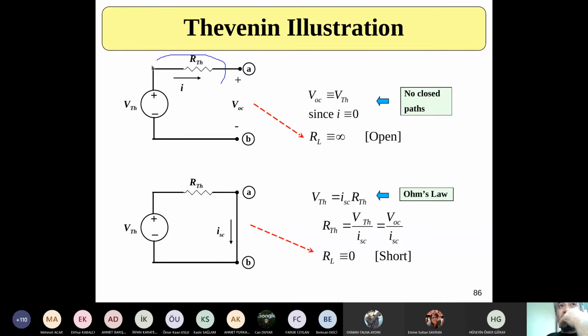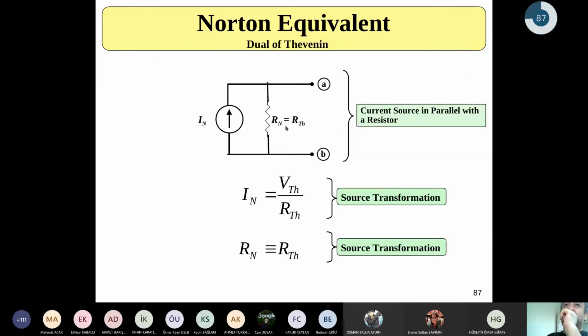But using the source transformation, when I obtain something like this, I know that I can turn this into a current source in parallel with a resistive value. We call this the Norton equivalent of a circuitry. The R Norton value is exactly equal to the R Thevenin value.